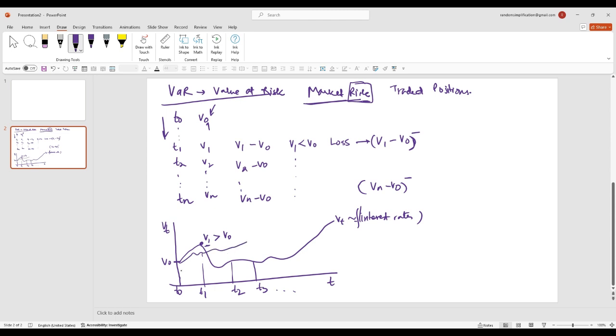For example, this could be another path. This could be another path. This could be another path. So when we talk of market risk, what we are interested in is those paths which will lead to a value which is less than the initial investment value, which is effectively parts of the curve which are below V naught.